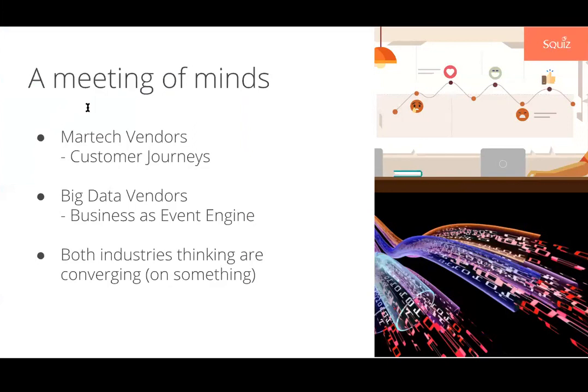The one that probably everyone is familiar with is the marketing vendors, the MarTech vendors. And you're probably all familiar with customer journeys. This is something that everyone has been mapping out for the past 10 or even 20 years. But in the past 5 years especially, a lot of different vendors have started saying, okay, well, let's actually build technology around these customer journeys and help companies map them.